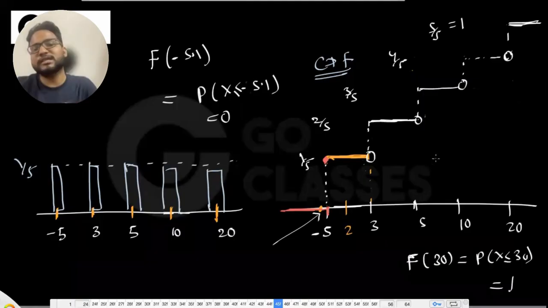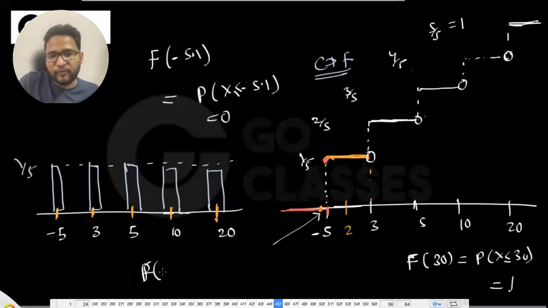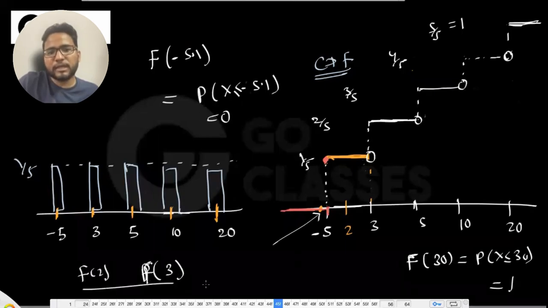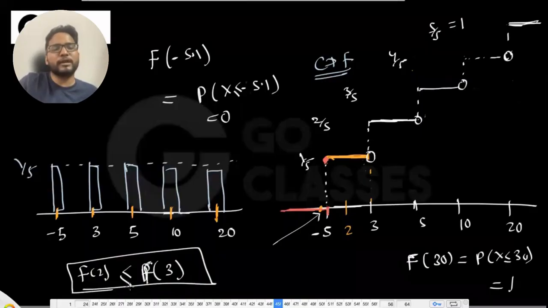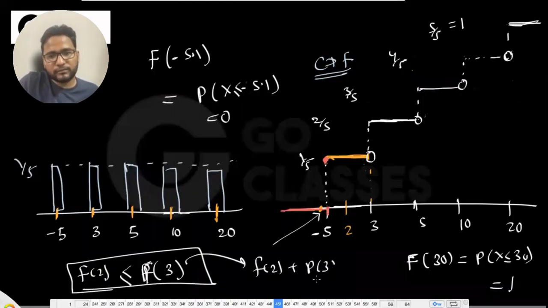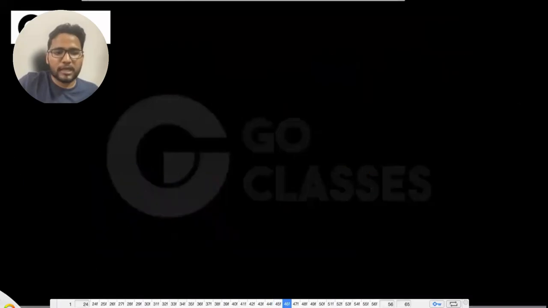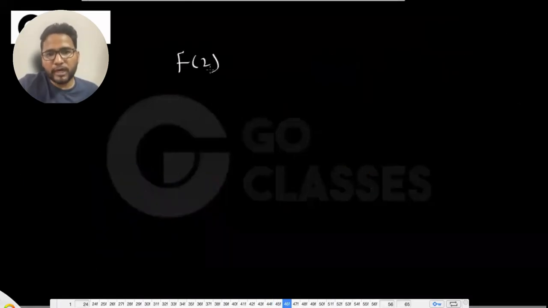It is always an increasing function, interestingly, because if you are finding F of anything, let's suppose F of 3, and you compare F of 2 and F of 3, which one will be greater? Obviously F of 3 will be greater than or equal to F of 2. The reason is that F of 3 is F of 2 plus P of 3. Let's suppose 1, 2, 3 are the only possibilities.